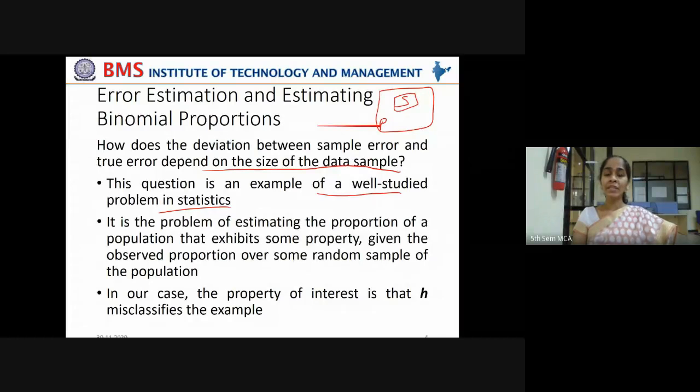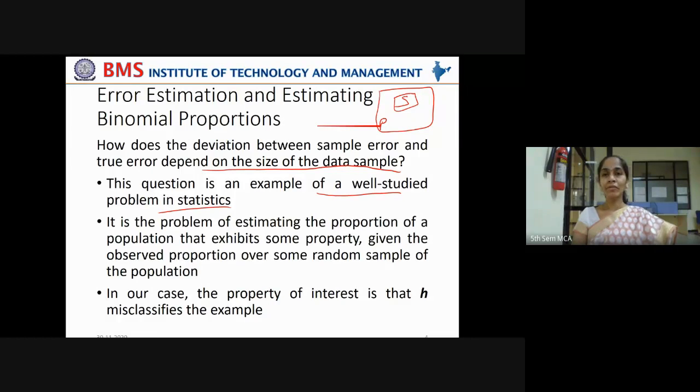Because most of the machine learning models have to perform well with the larger population as good as they performed with the sample, right? So whenever they are giving good accuracy with some sample, they should be generalizable. The model should be generalizable to the larger population also.